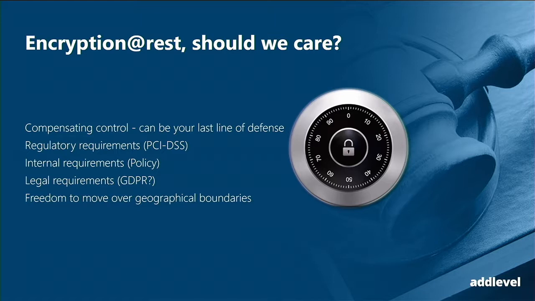And according to some regulations and laws, it's essential for protecting sensitive information. But let's be honest, encryption is just another security control. It's the last line of defense we have when all the others fail, and we know that a lot of them will fail.